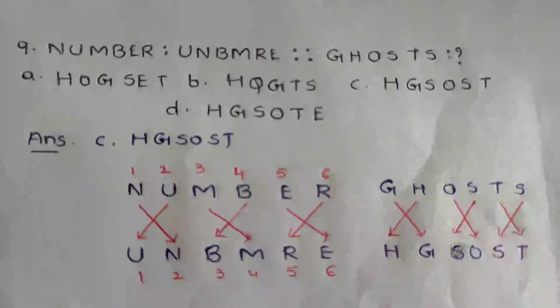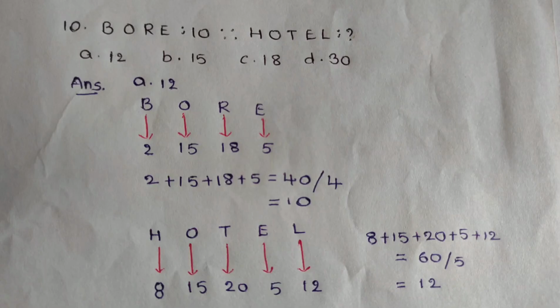Now coming to the last question, which is the 10th one. The question is BORE is to 10. Similarly, HOTEL is for what? So the options are 12, 15, 18 and 30. So here I have already told you to take down the numbers and alphabets.